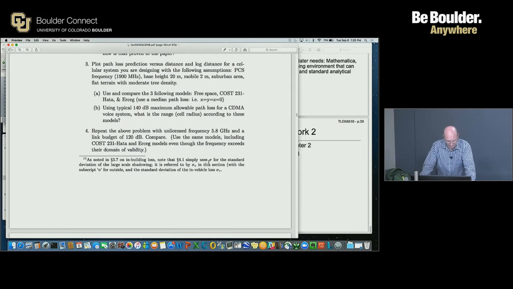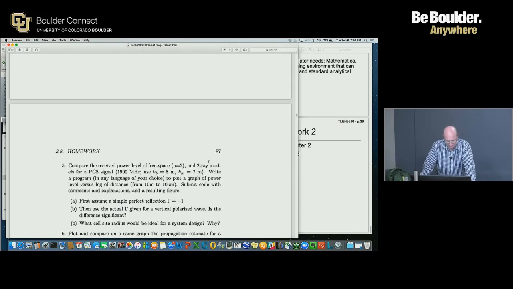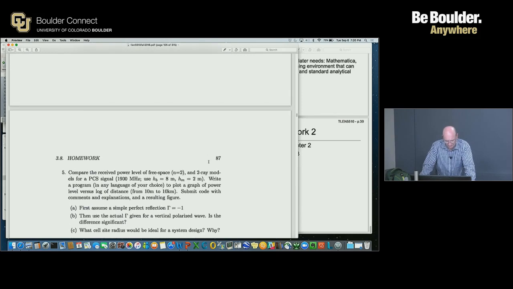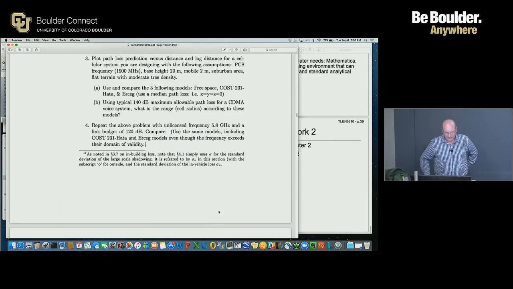So, yeah, let's move to 5. Let's start at the beginning. So, this really focuses on number 3, plotting path loss prediction versus distance. Really focuses on the early models.